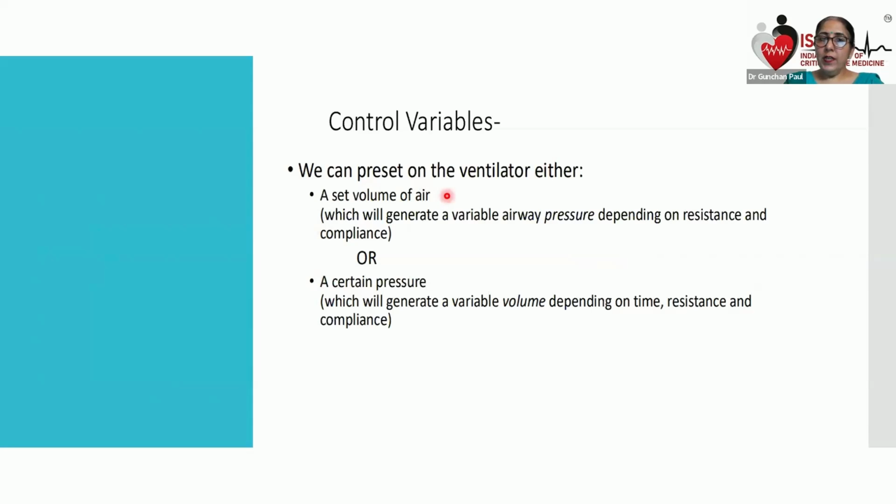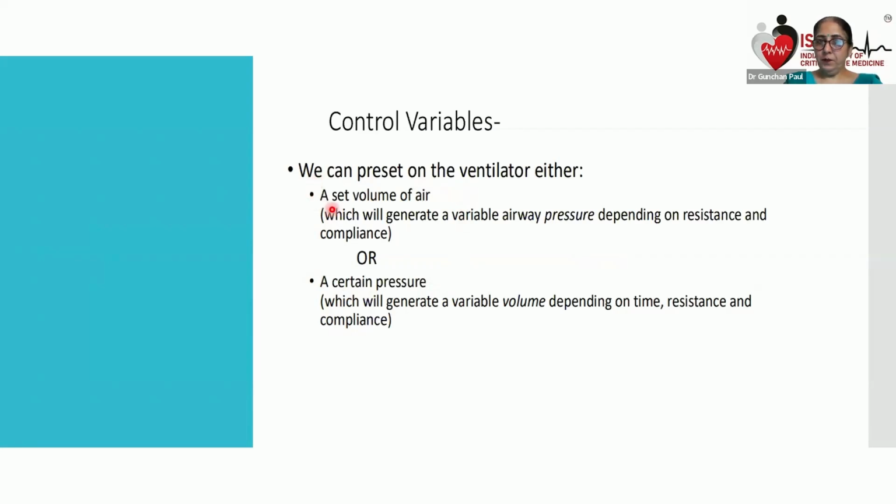So in a ventilator, if you are giving a set volume of air, that is a volume control mode, or if you have maintained a certain pressure, that becomes the pressure preset modes. So if volume is fixed, there are two things, volume and pressure.